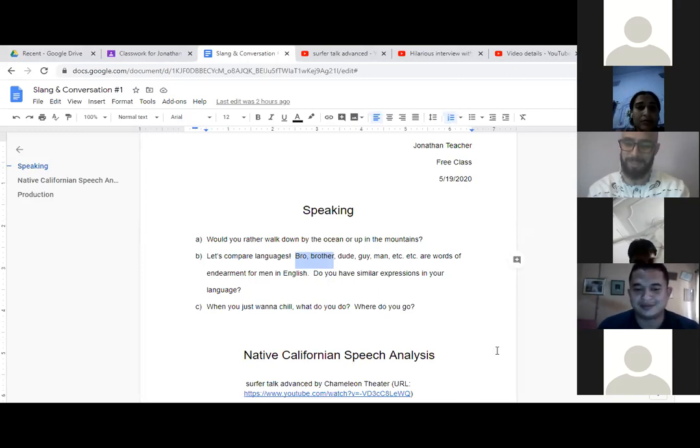What are some slang terms that you have that are similar to this? It depends on the department, on the city. For example, in Medellin, Colombia, they say parcero, parce. Partner, like partner? Yes, parcero, parce, like brother or dude, something like that.